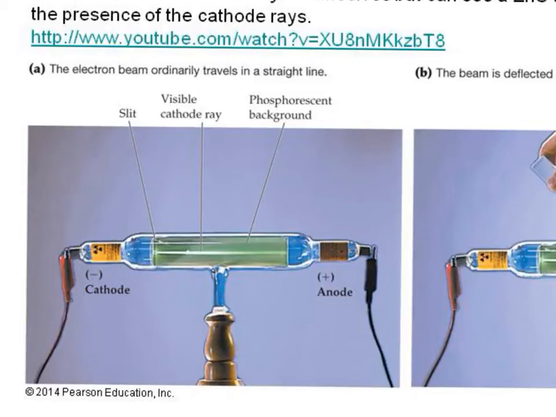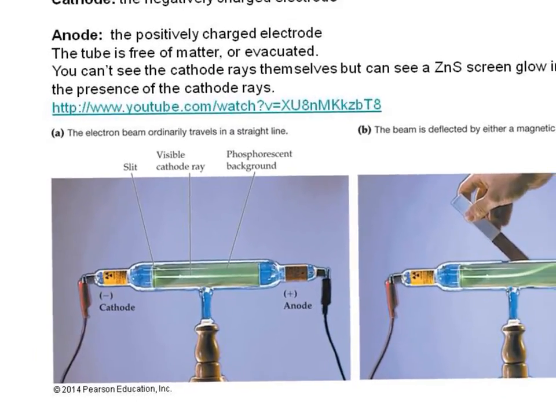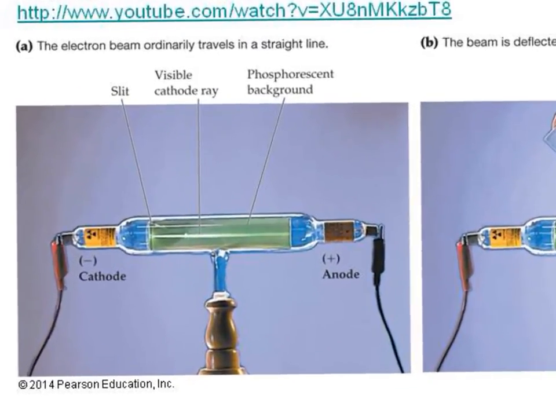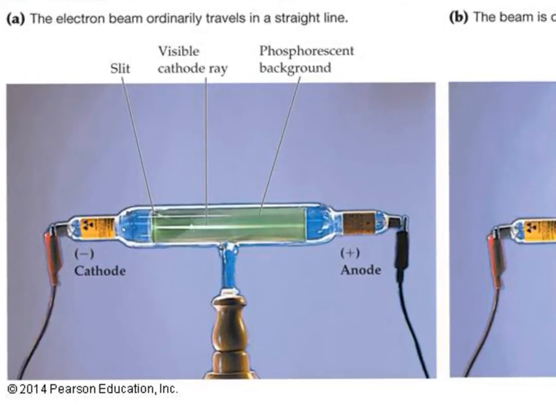First, Thomson noticed that it didn't matter what he made the electrodes of. No matter what he made these electrodes of, he always saw cathode rays produced, and those cathode rays always flowed from the cathode to the anode. That let him conclude a couple important things.